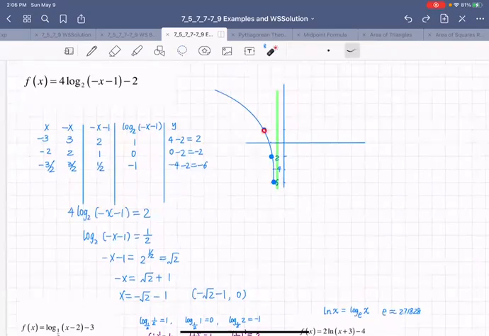So you trace these 3 points and connect them by a smooth curve. What about the asymptote, Eric Liu? How do you get the asymptote, Eric?